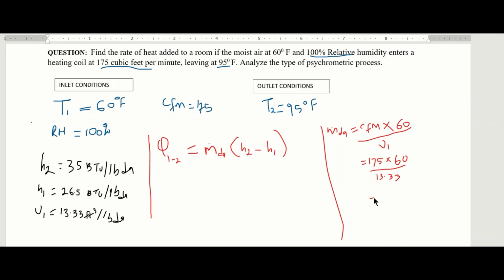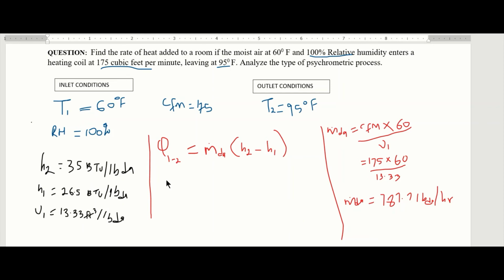If you put that in your calculator, our mass flow rate of dry air gives us 787.7 pounds dry air per hour. So that is our mass flow rate.